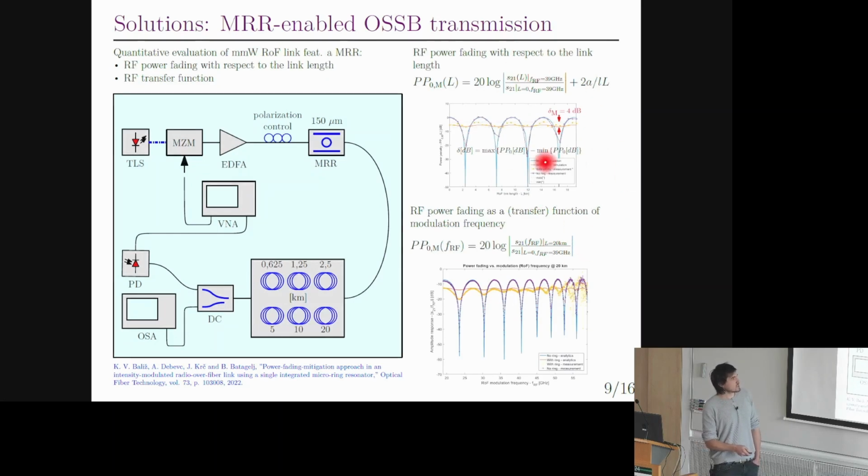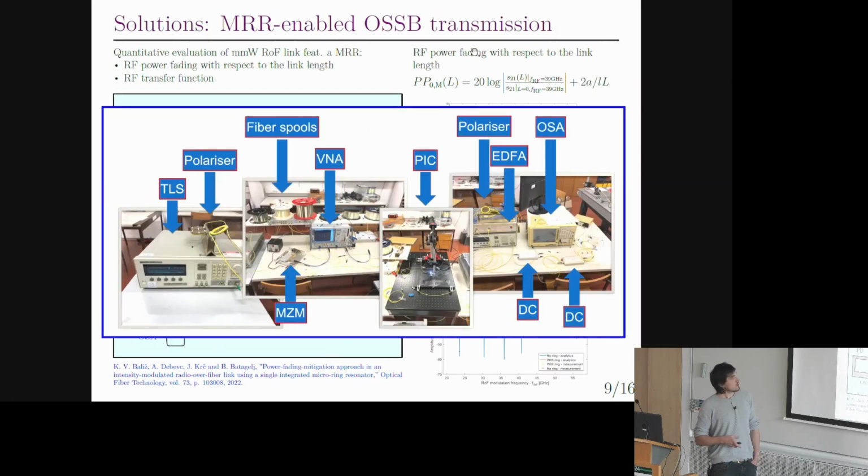So the results from using these micro-ring resonators enabled us to more or less get rid of the dispersion penalty. This is the graph that shows the behavior in the length-dependent function, and this is for the frequency-dependent function. Okay, so this was the setup, just to show the scale of the setup.